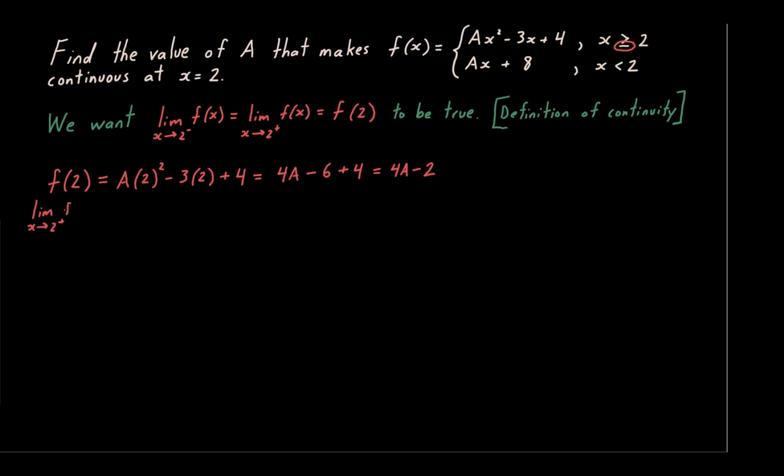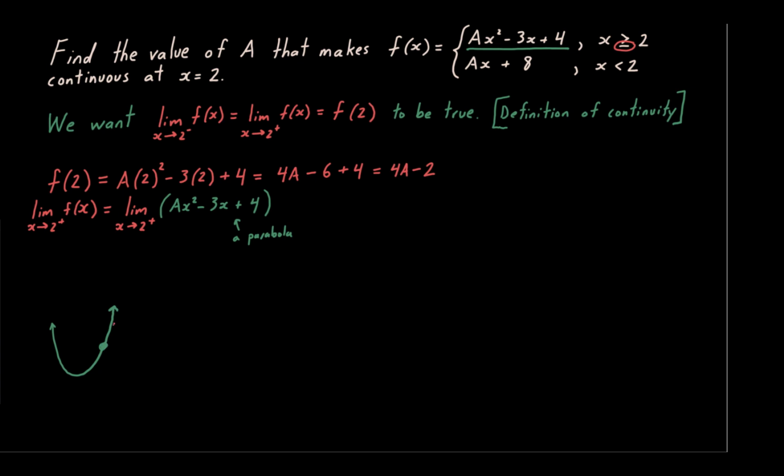Likewise, for the right limit, we are approaching 2 from the right. So we're approaching it by going through values like 2.1, 2.01, 2.001. So I'm dealing with that top piece, that quadratic, the parabola, which lets us rewrite the limit like so. The benefit of rewriting like that is that we can pretend we are dealing with an entire parabola.